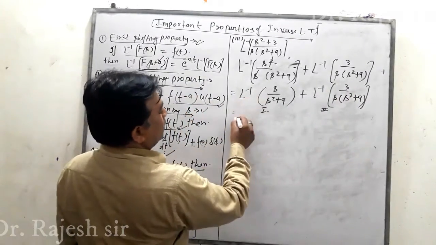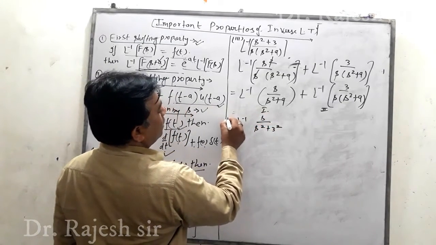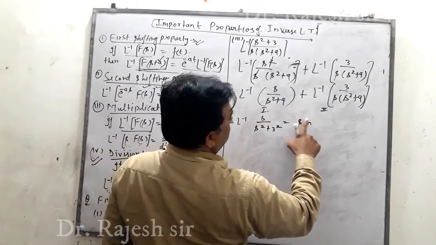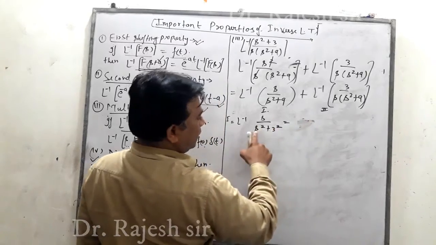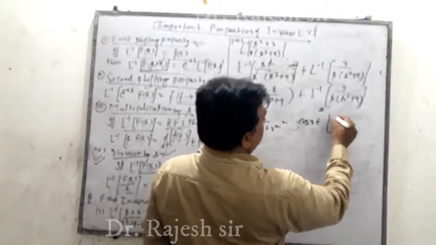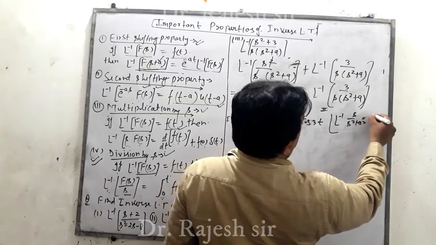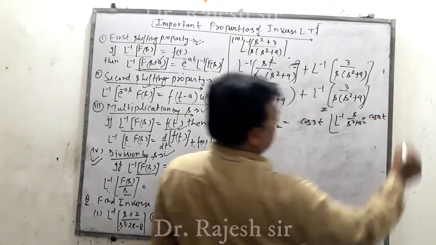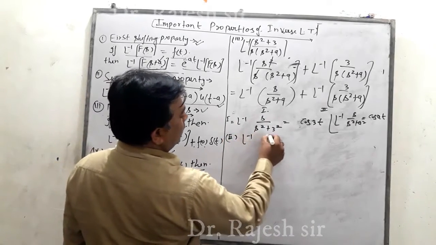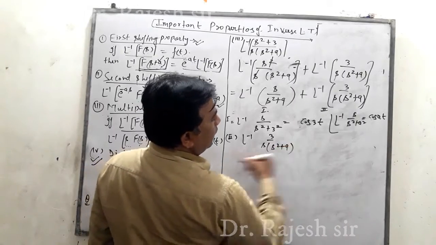The first function L inverse of s upon s square plus 3 square is cos of 3t, by the formula L inverse s upon s square plus a square equals cos at. And the second: L inverse of 3 upon s square plus 9.